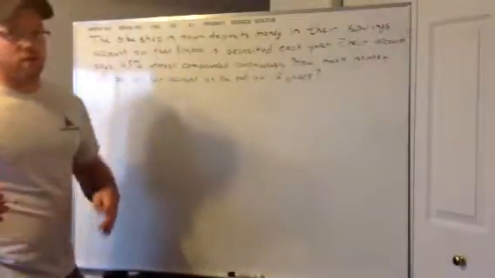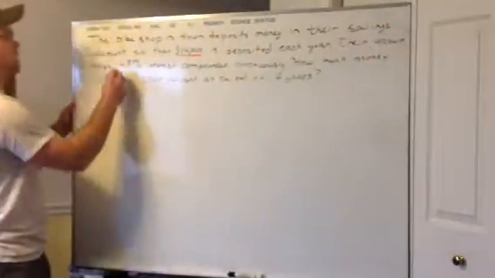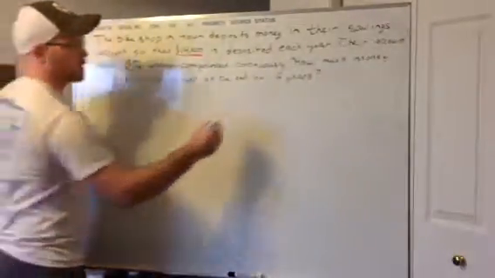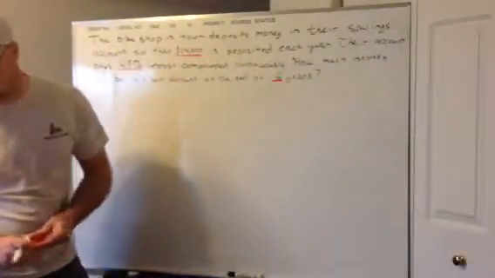So we're going to underline the things that are very important to us: $14,000 per year, a 4.5% interest, and the amount they'll have at the end of 6 years.